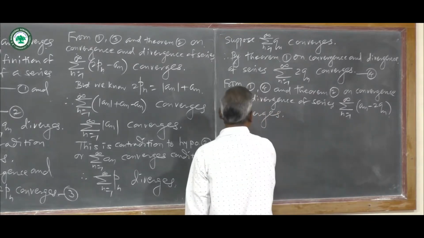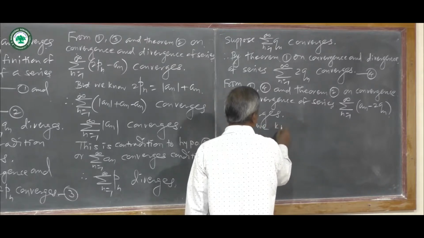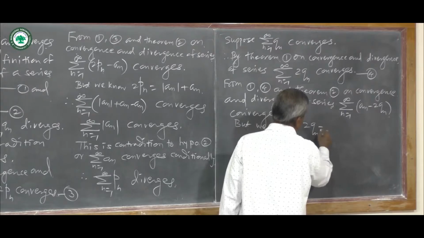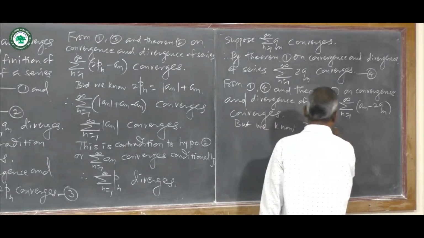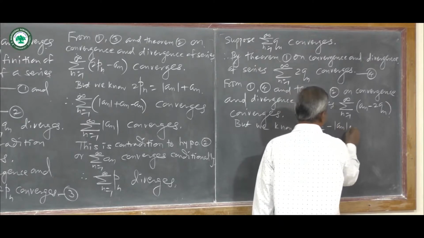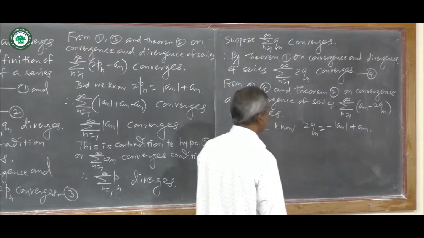But we know 2qn is equal to minus mod of an plus an.